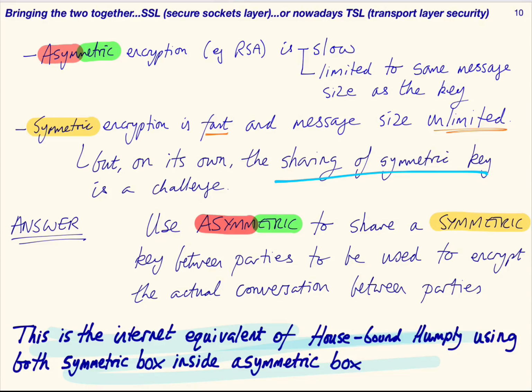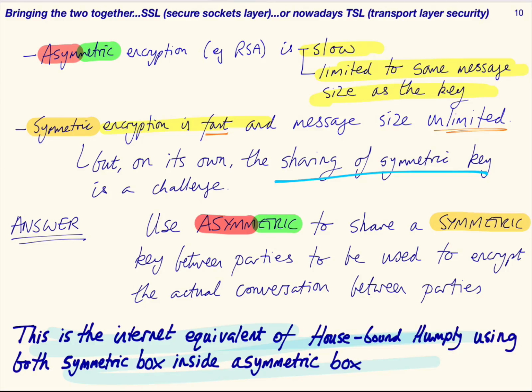So what we're going to do is bring these two together, right? Asymmetric encryption, just to make a note, is slow. It's limited in terms of the message size, so the keys you use influence the maximum size of message that you can encrypt. Symmetric encryption is fast, it's efficient, and it can be used on as big an input message as you want.